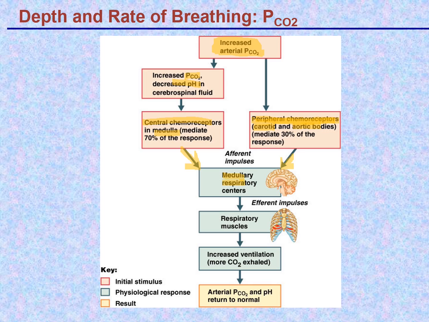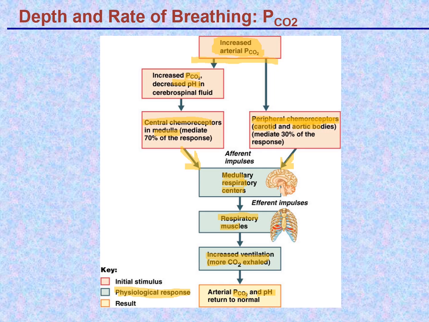It affects the medullary respiratory centers, and you get increased stimulation of the inspiratory muscles and increased ventilation, and more of the CO2 gets exhaled, blown off, and the arterial PCO2 returns to normal and the pH returns to normal. So we're talking about an initial stimulus causing a physiological response. How is that change regulated?